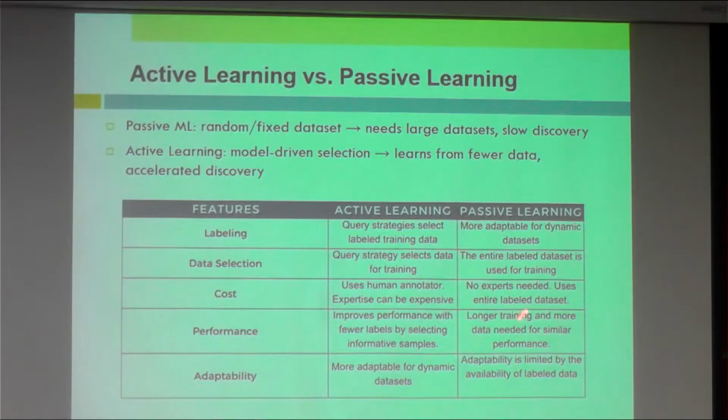And longer training and more data needed for similar performance, and adaptability, more adaptable for a dynamic data set, and passive learning adaptability is limited by the availability of data. So that is the difference between these two.